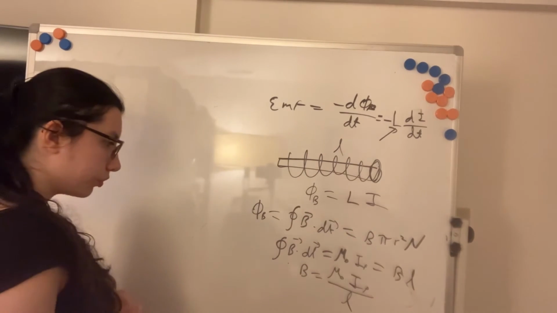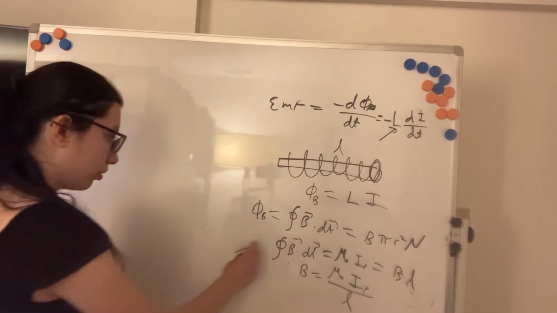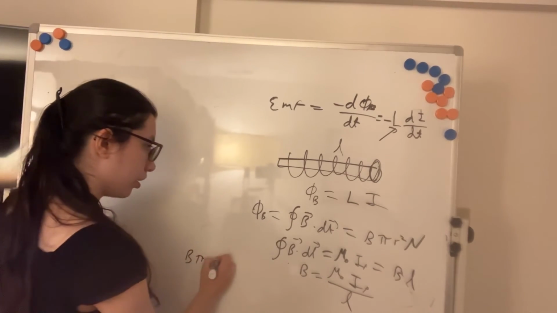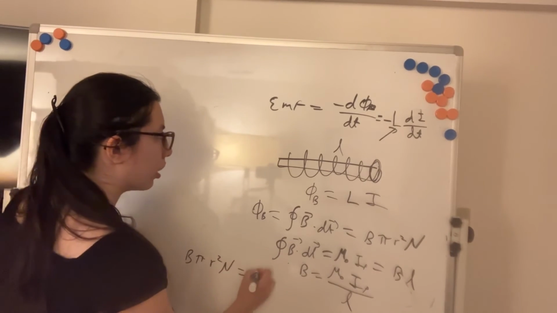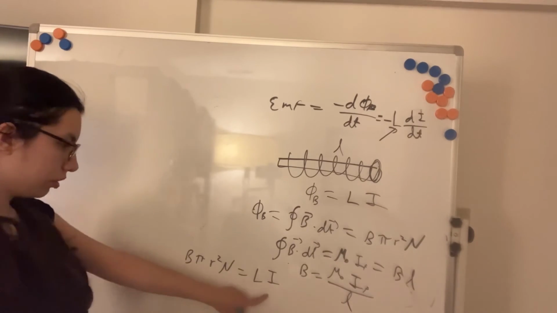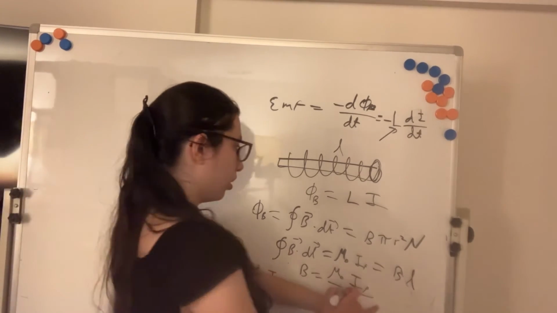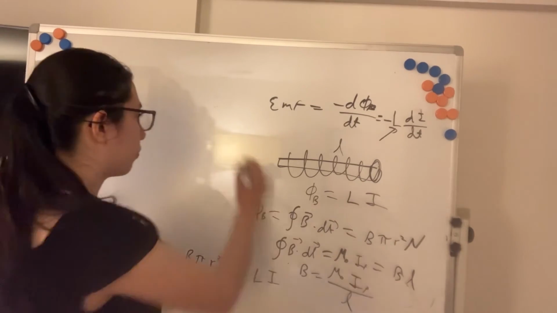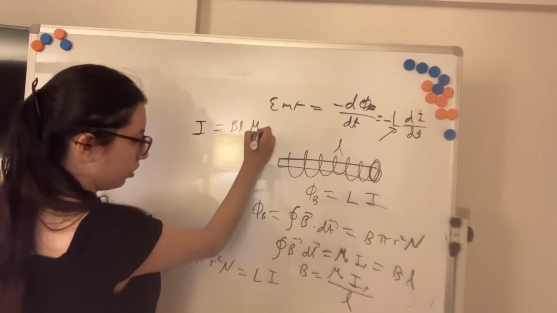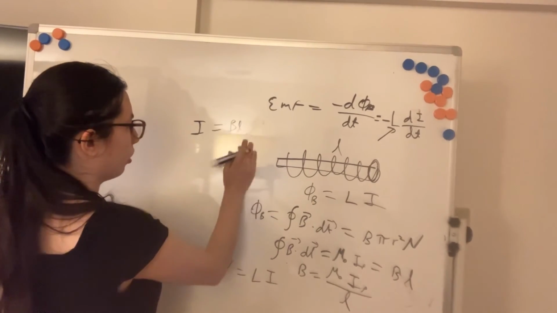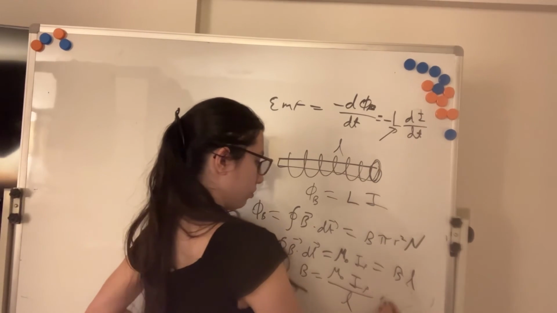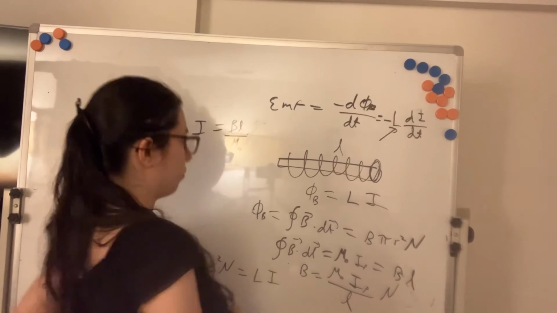So here we have B R squared N is equal to L times I. Now here I will solve for I. We have I is equal to B l over mu, and this will be multiplied times the number of turns that we have.